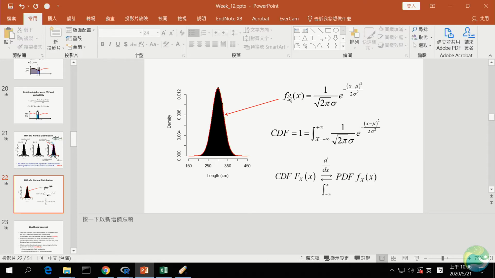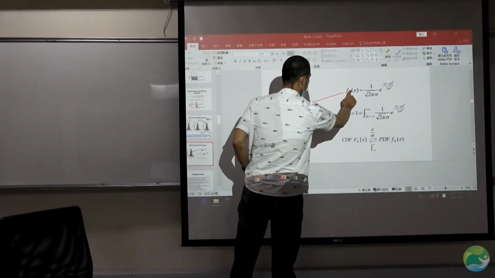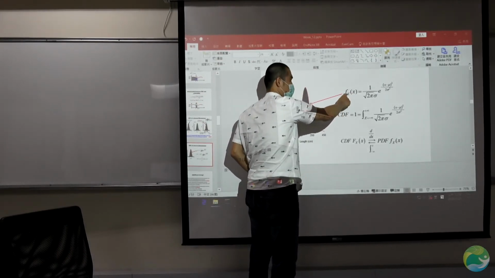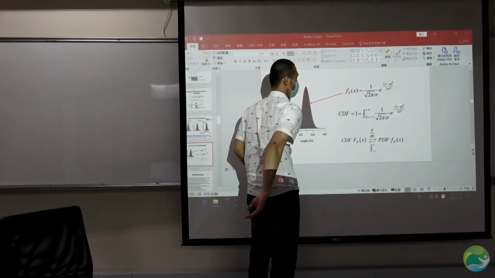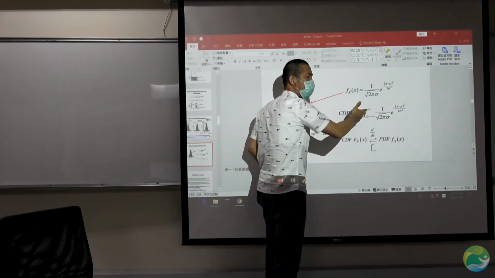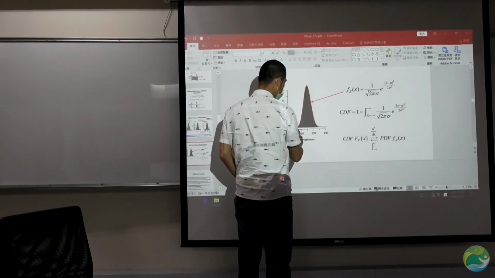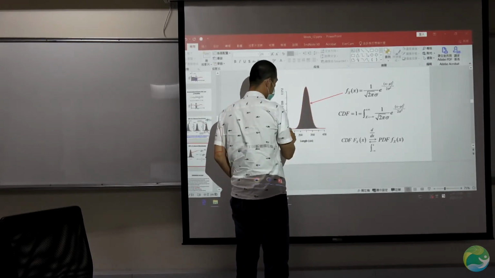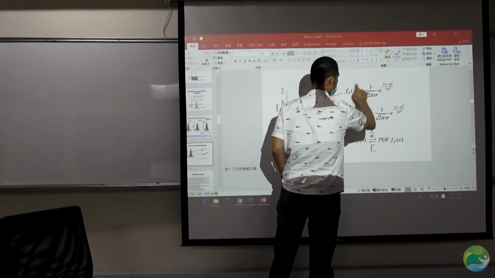For the probability density function, we don't use P anymore, we use the lowercase f. Uppercase X is still the random variable. Lowercase x is the outcome of this random variable. For each particular outcome, we can describe it by this red curve, which derives from this formula.